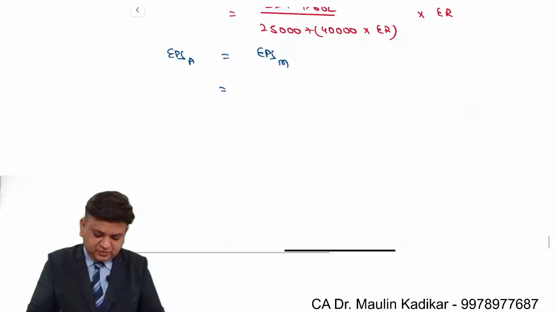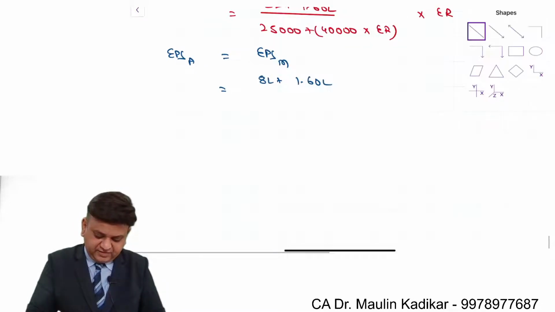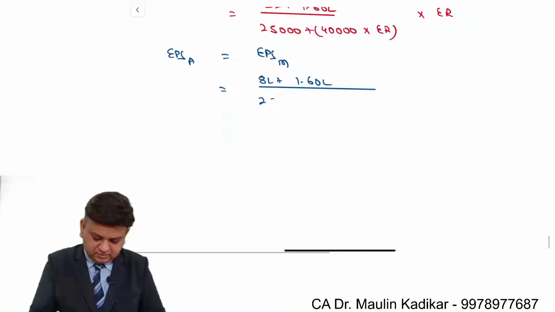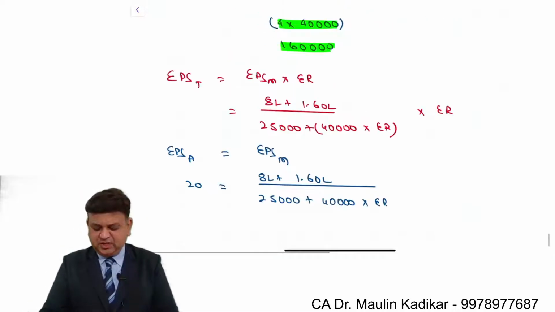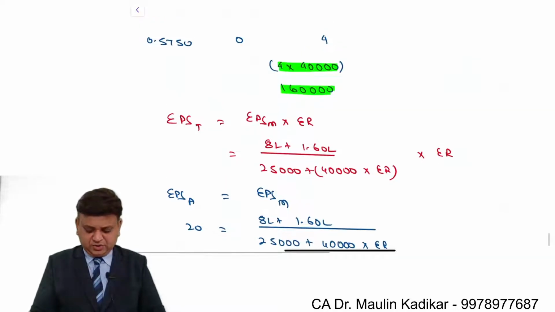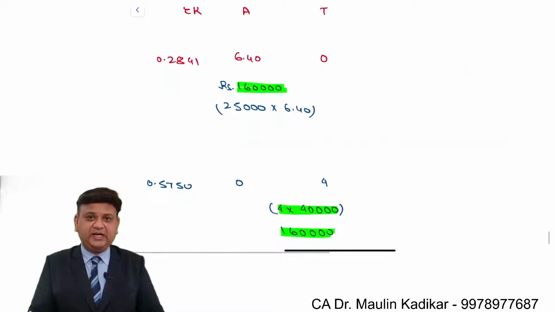EPS of the merged firm is what? 8 lakhs plus 1,60,000 divided by 25,000 plus 40,000 into exchange ratio, and this answer should be 20 rupees. Accordingly, we can make the calculation of the answer, and of course, we will get the answer 0.5750.